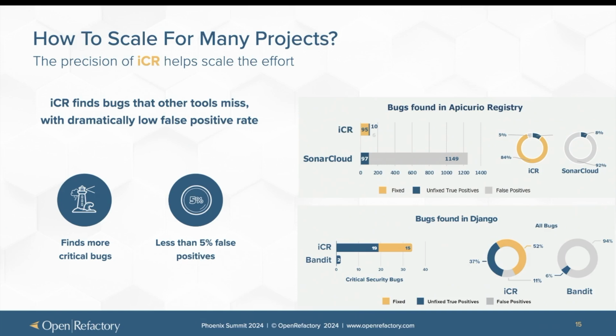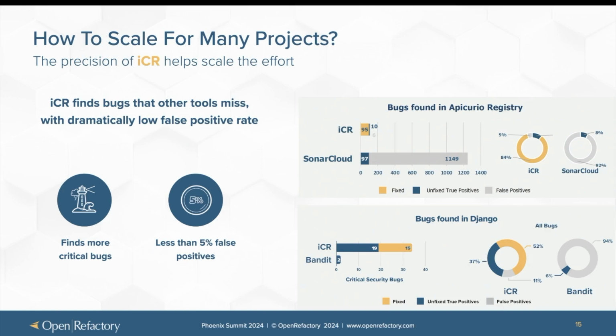Compare this with Sonar Cloud on Apicurio Registry, which is a Java application written by Red Hat. Sonar Cloud identified over 1,200 bugs, and the majority of them, 92%, were false positive or won't fix issues. ICR, on the other hand, only identified 111 bugs, of which there were only 6 false positives.